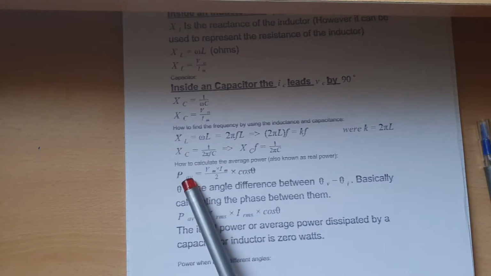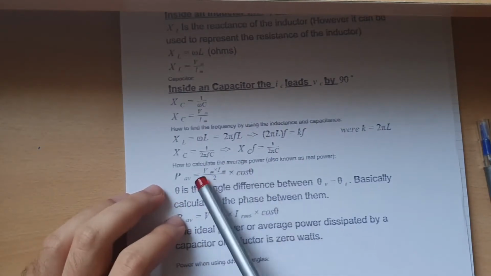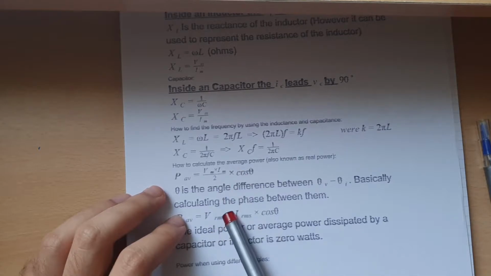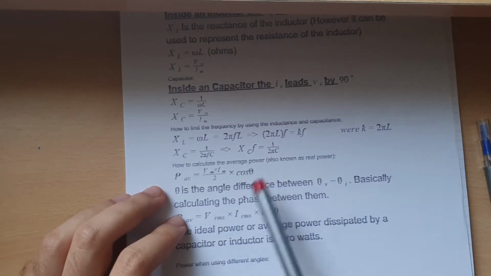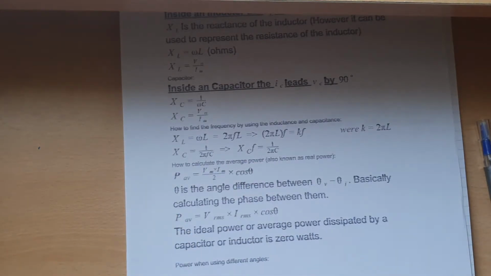It's a special way to calculate, because the average power will be equal to the peak voltage multiplied by the peak current divided by 2, and then you'll multiply that by the cosine of the angle of the component that you want to calculate, because some components have like 90 degrees or 110 degrees, other components might have like minus 20 or minus 30, and in special cases you might actually need to compare them, like comparing the angle between the voltage and the current, and you have to calculate the phase between them.